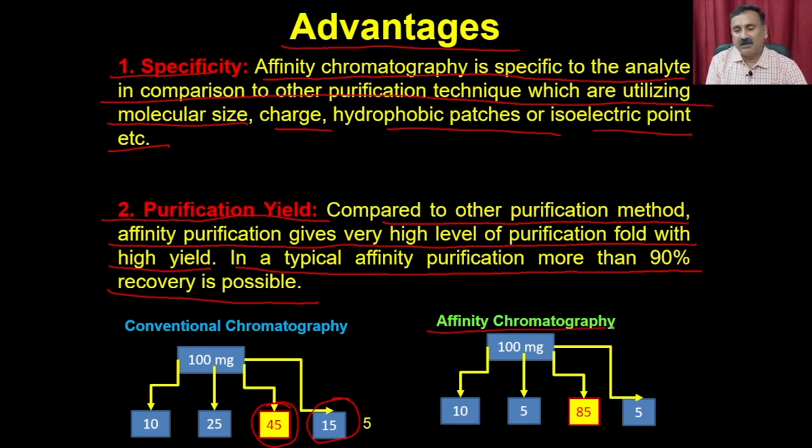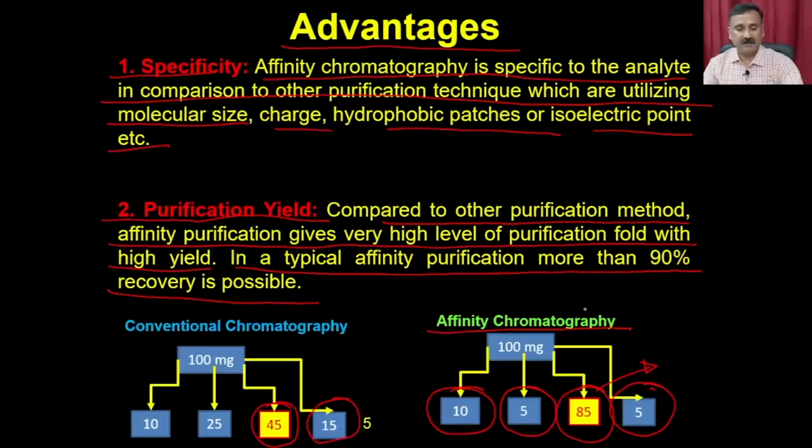Similarly, in the case of affinity chromatography, you are going to have 10 milligrams in the first fraction, 5 milligrams in the second fraction, and more than 85% is going to be in your purified fractions. So your recovery is very high compared to conventional chromatography, because conventional chromatography relies on basic properties, whereas affinity chromatography relies on exclusive properties.